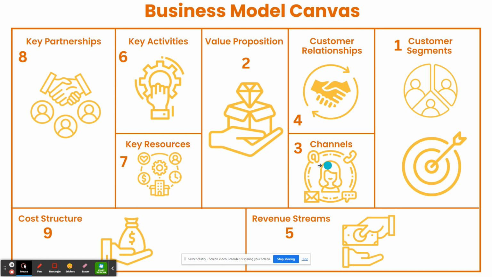We got our customer channels, and these are our sales, marketing, or communication channels, along with distribution. And they're very important. It's how we reach our customer, it's the pathway to our customer, and how our customer reaches us. Customer relationships, sitting at number four, that's kind of our client interaction. That's how they interact with our product.